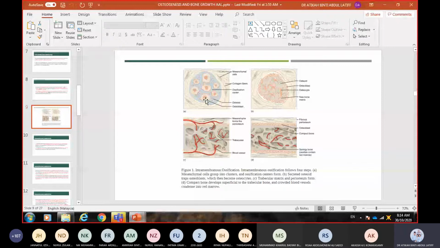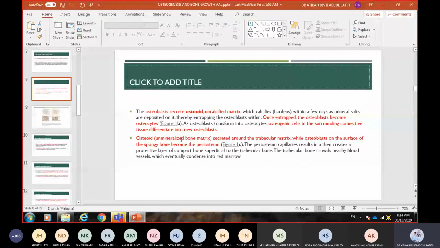So the trapped osteoblasts become osteocytes, and then they differentiate into osteon, as mentioned here.